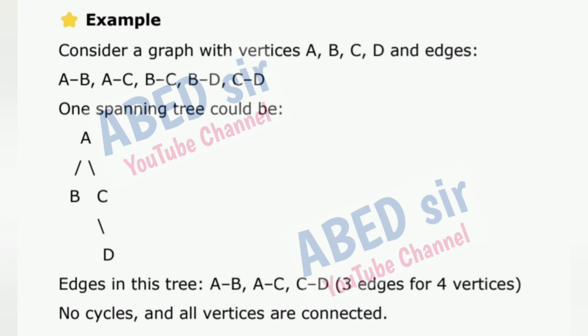Consider a graph with vertices A, B, C, D and edges A, B, A, C, B, C, B, D, C, D. One spanning tree could be A, B, C, D. Edges in this tree: A, B, A, C, C, D, 3 edges for 4 vertices. No cycles and all vertices are connected.